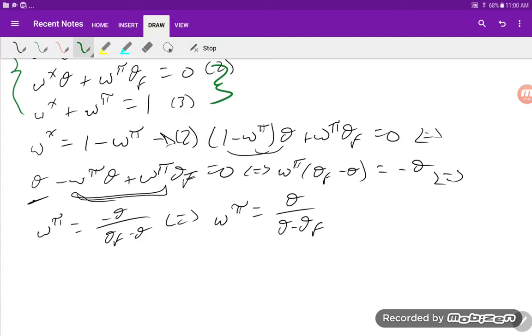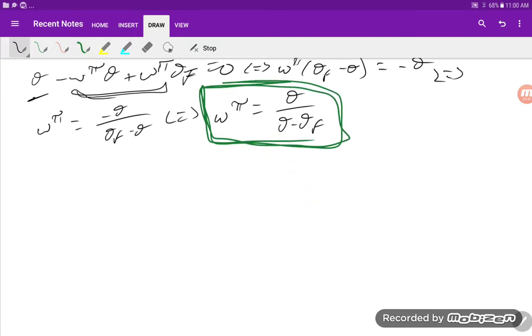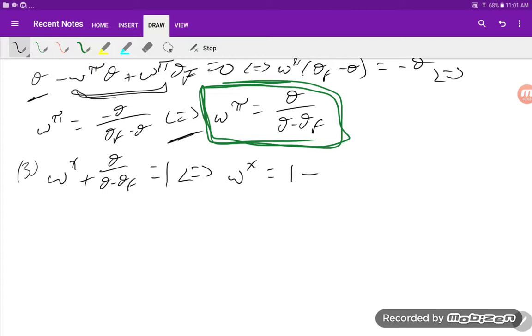All right, so that is the first important result: the weight of the claim. Now let's figure out the weight of x. This is done by going back to equation 3. So we'll get wx plus sigma over sigma minus sigma f, and again the weights should sum to 1, so Wx is equal to 1 minus sigma over sigma minus sigma f.